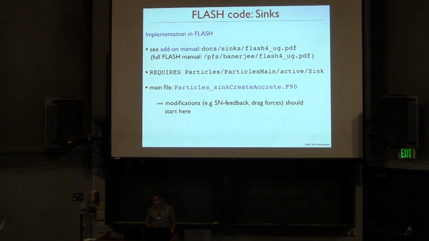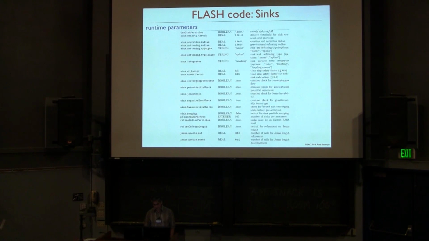So this is the 500-page Flash manual here. And if you want to do modification, this is essentially the main file in the sink particle tree. It's called sink create accrete, but from there, you can also spawn your favorite feedback or interaction model. So the modification should get into here.